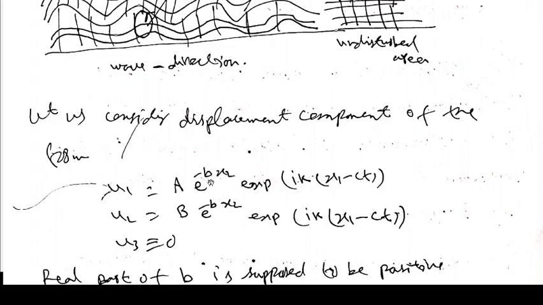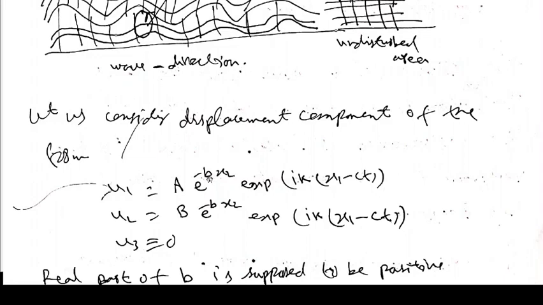And keep in mind that this b should be positive, should have a positive real part. If it is imaginary, then it should have a positive real part. Why a positive real part? Because if it is negative, then by increasing x2, this term can't go to 0.